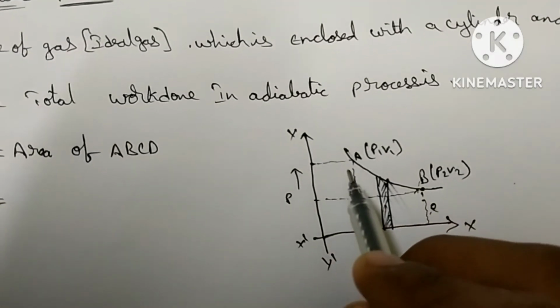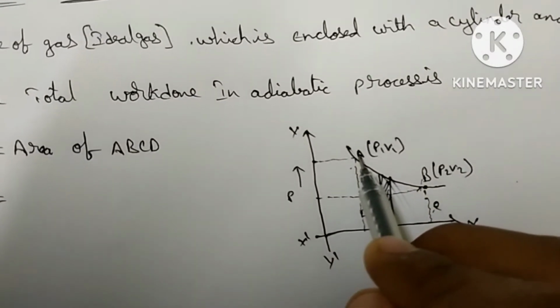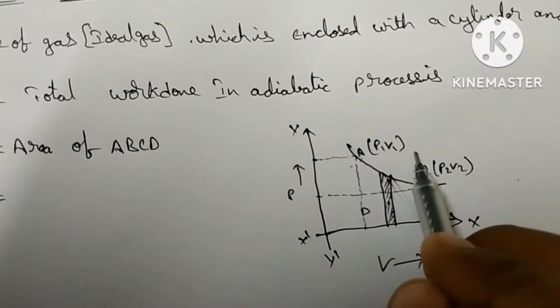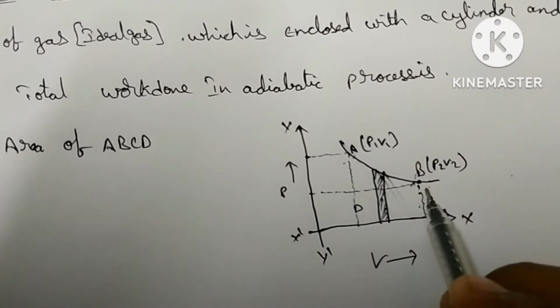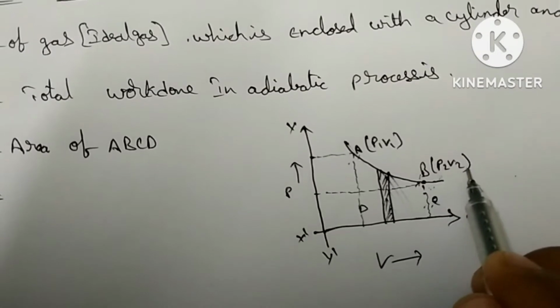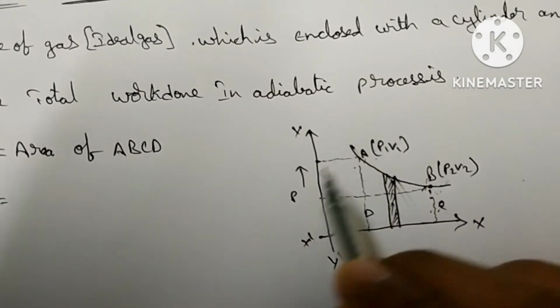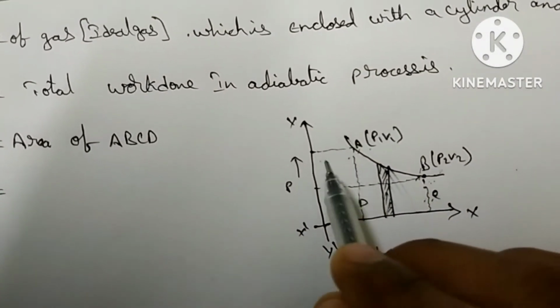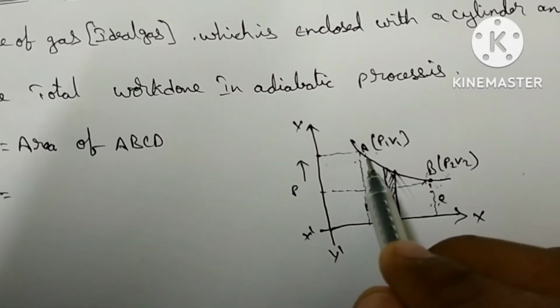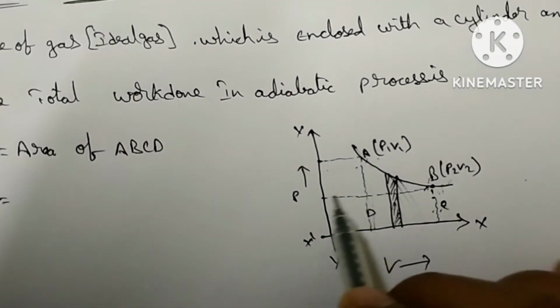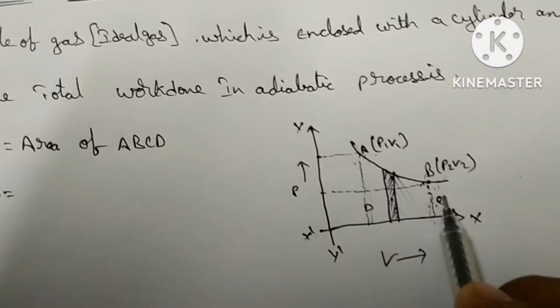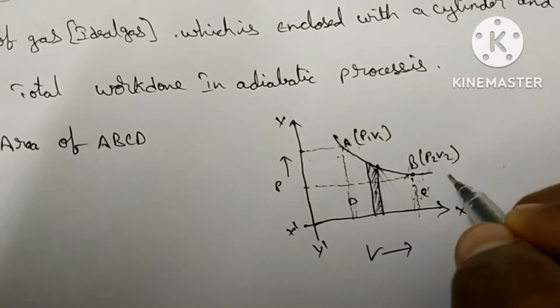As shown here, this is expanded, we show P1 V1. Here compressed, P2 V2. Here P1 is less, volume is more. Here pressure is more, volume is less in compression.